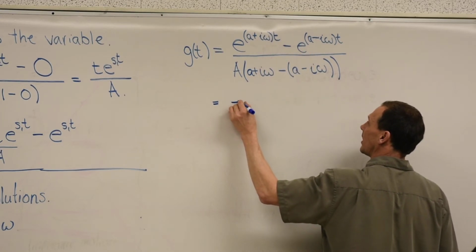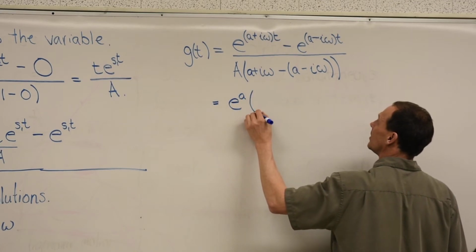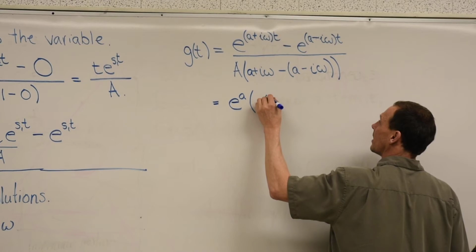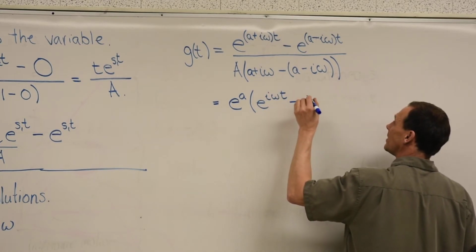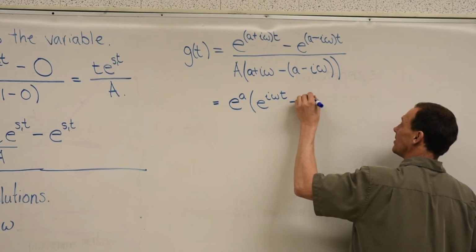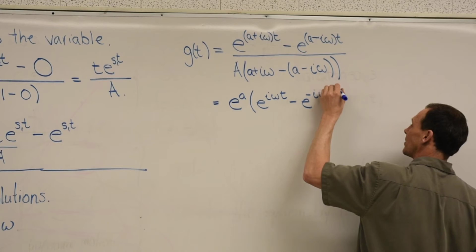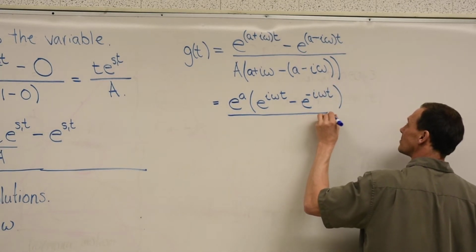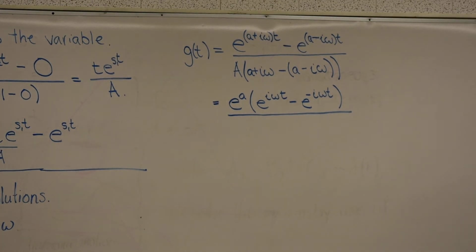So let's factor that. e raised to the a, parentheses, e to the i omega t minus e to the minus i omega t, parentheses, over what?